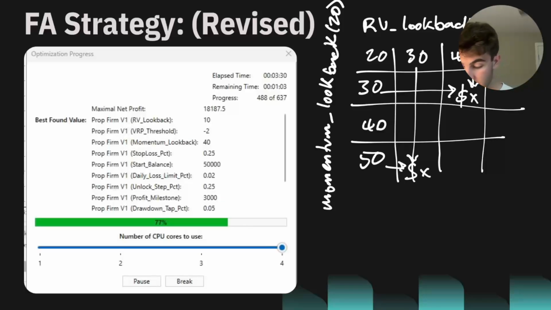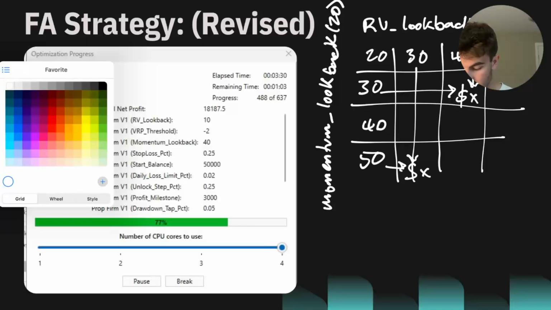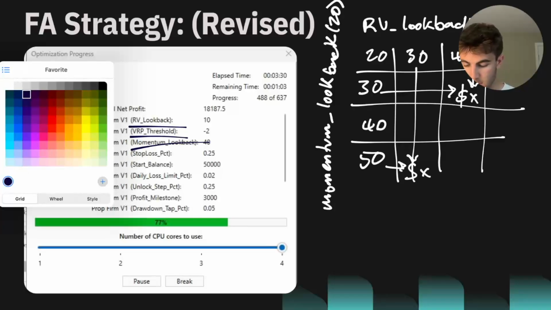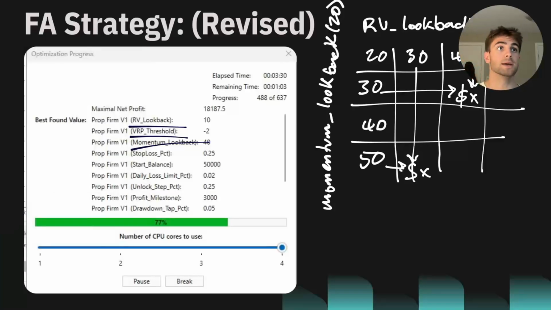I initially started with varying the 3 different variables: RV lookback, VRP threshold, and momentum lookback. That creates a quite expansive grid, and we tested out all the different combinations.